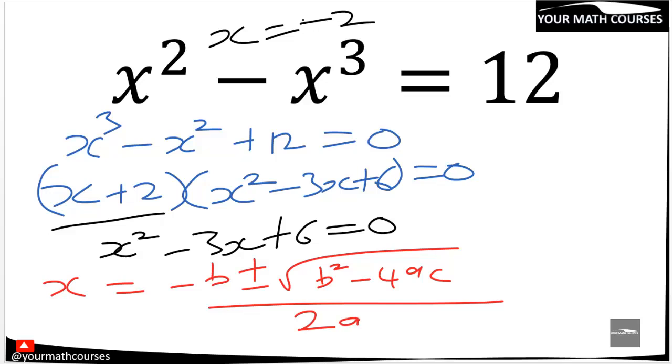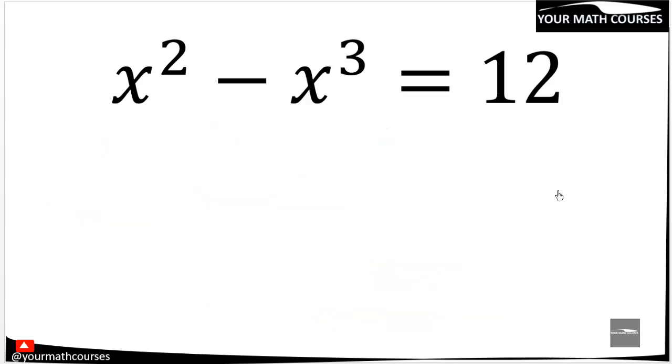So a is equal to 1, b is equal to -3, c is equal to 6. So let's fix in the values.